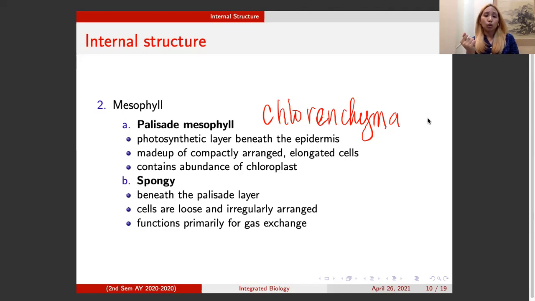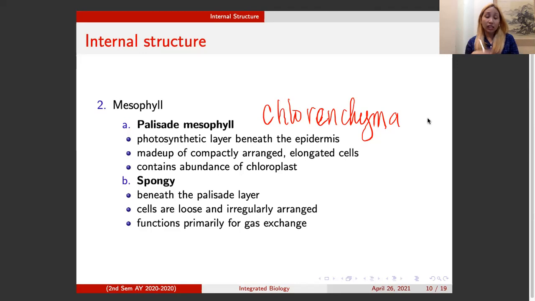Okay, so it is not wrong that cells of the spongy mesophyll can photosynthesize because they still contain chloroplast and chlorophyll. But because of the loose arrangement of the cells, this now provides a lot of air spaces, a region that is highly efficient for gas exchange.